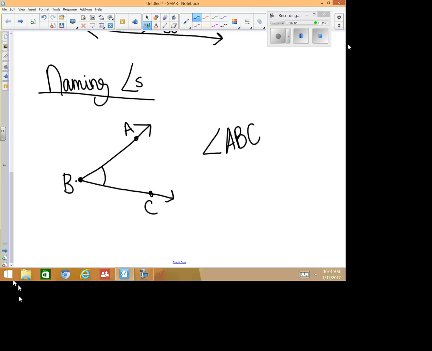I could also go backwards: C, B, A. But I still have the B in the middle, right? The point is still in the middle. So as long as that point is still in the middle, it doesn't matter where the other 2 letters go, okay? First or last, okay?